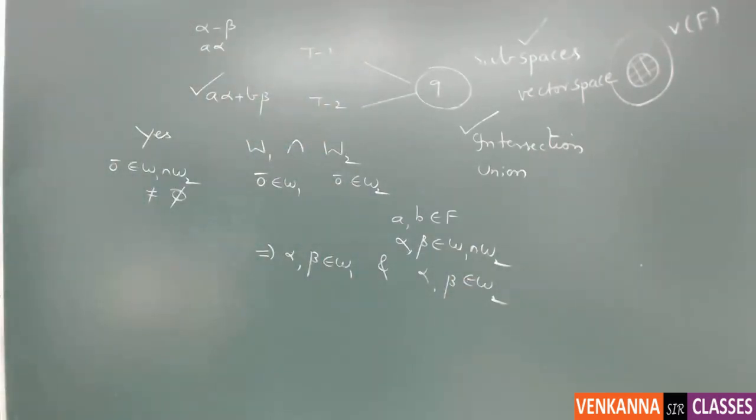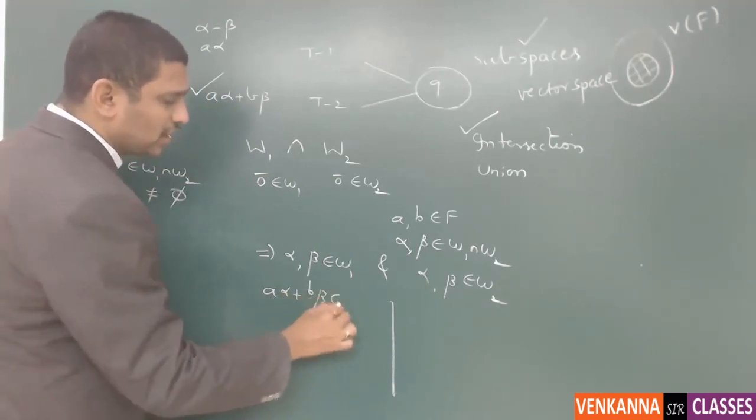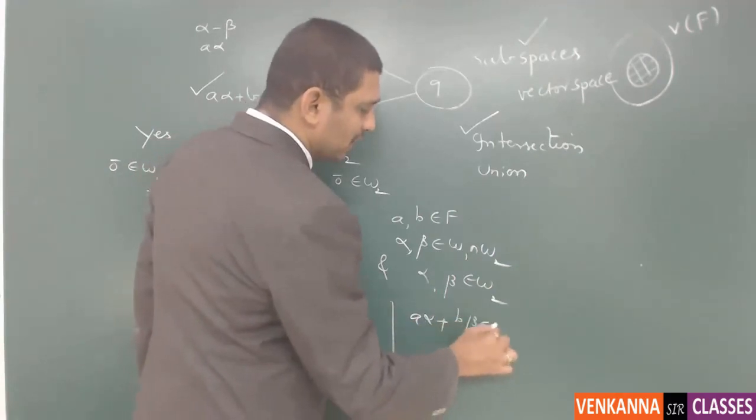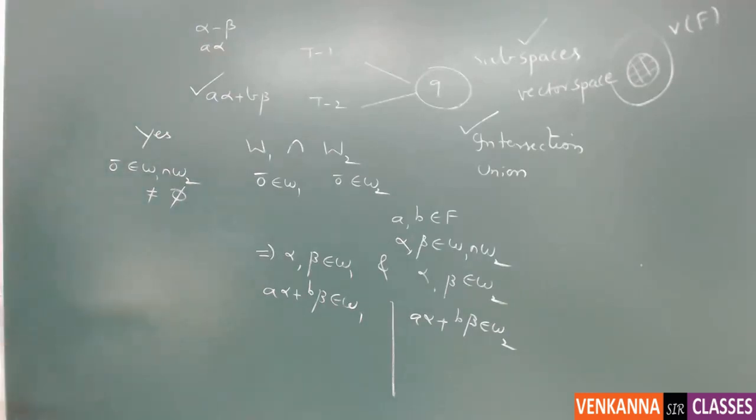Since these are subspaces, we can say that A alpha plus B beta belongs to W1, and A alpha plus B beta belongs to W2, because W1 is a subspace and W2 is a subspace. So from this we say that A alpha plus B beta will belong to this intersection. Hence, by the necessary and sufficient condition, W1 intersection W2 is a subspace. So in this way you prove the result.